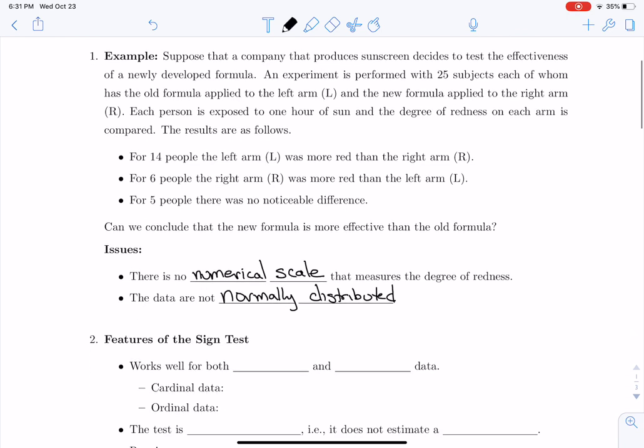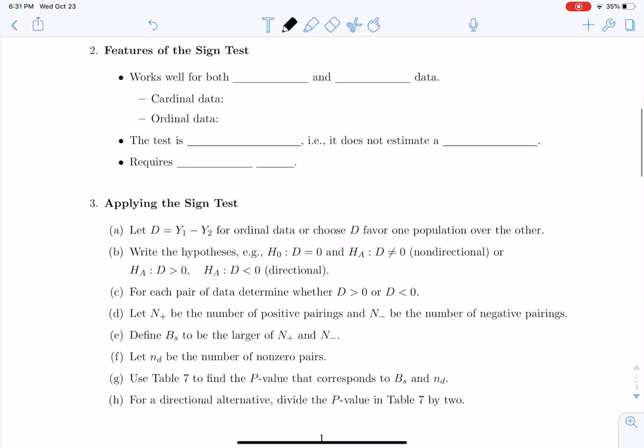Well, let's look at what the features are of the sign test. The sign test happens to work well for both cardinal and ordinal data. Cardinal data being numerical values.